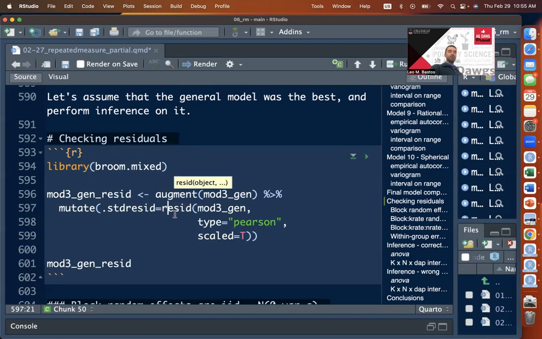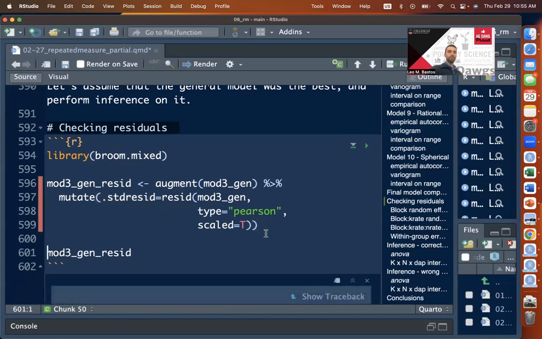So I changed from the studentized to the standardized residuals, which has a different formula behind the scenes, but it is giving us one type of normalized residuals anyway, which is the goal here, so we can look for outliers. That's why instead of calling this stud resid as we were before, I'm calling STD for standardized. The function is different, and I think the arguments are a little bit different as well. But we're still getting a normalized type of residual that we can use to check the outlier assumption.